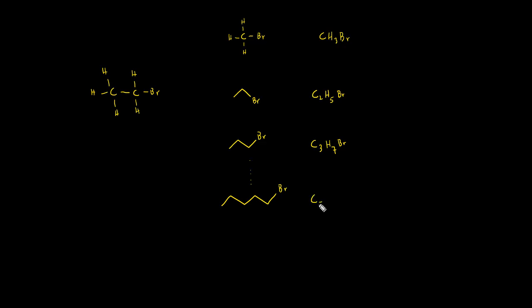We have C5H. Again, 2n+1, so 11 Br. Why 11? You remember, we have 1, 2, 3, 4, 5, 6, 7, 8, 9, 10, 11 hydrogens that we're not showing here. So it's a homologous series for a halogen alkane. Halogen alkanes just have a halogen where a hydrogen should be.